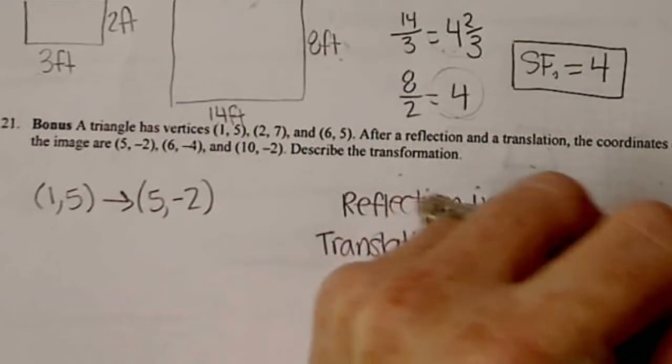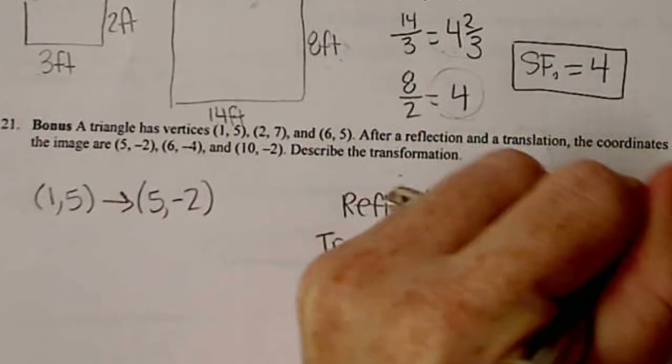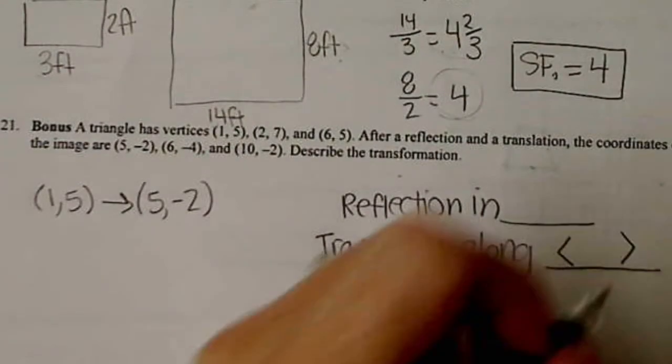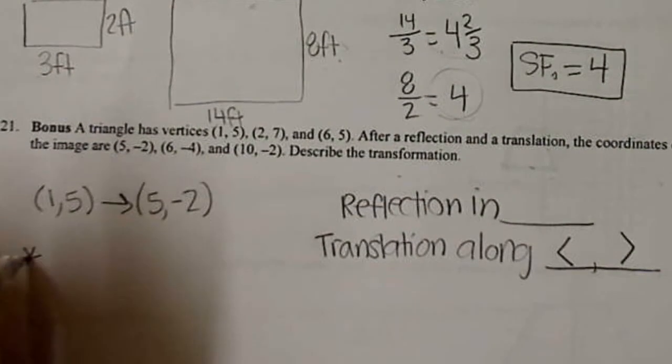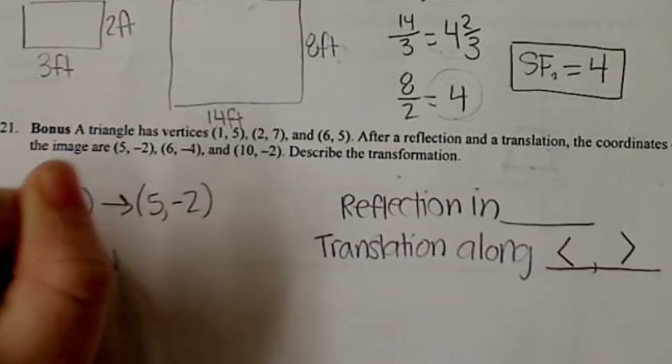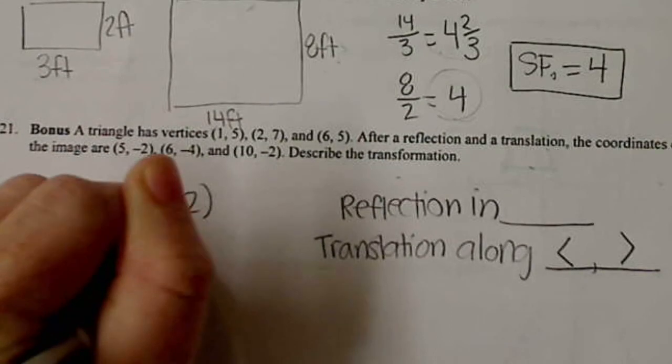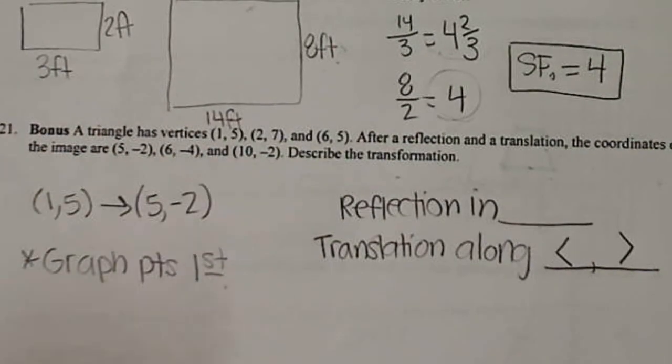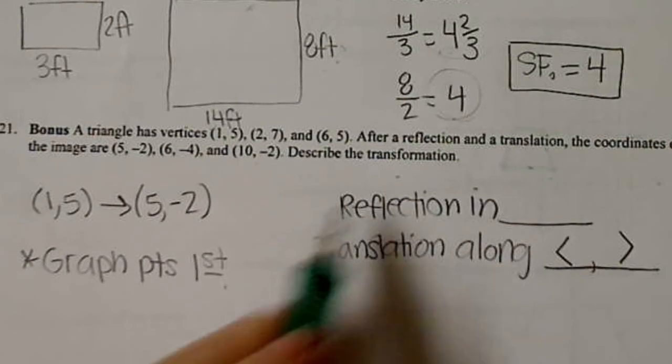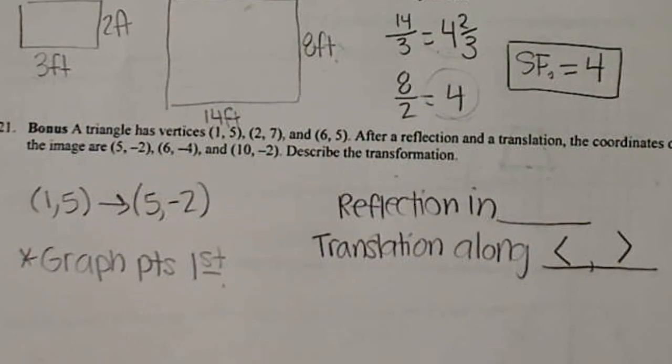So translation along some sort of vector. You need to graph your points first, and then think about it. When I check your review on Wednesday, if you have this bonus correct, I will give you some extra credit.